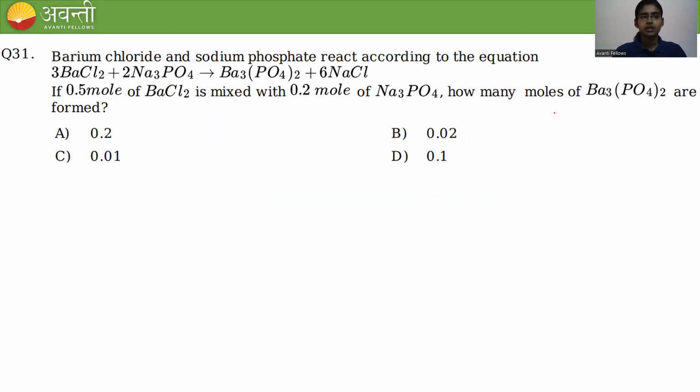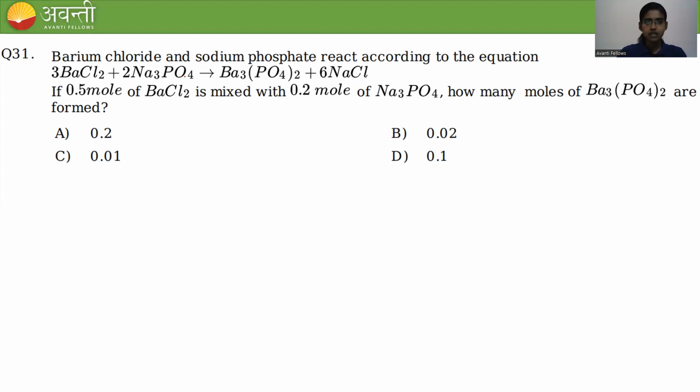Question number 31 states that barium chloride and sodium phosphate react according to the equation 3BaCl2 plus 2 Na3PO4 gives Ba3(PO4)2 plus 6 NaCl. If 0.5 mole of BaCl2 is mixed with 0.2 mole of Na3PO4, how many moles of Ba3(PO4)2 are formed?